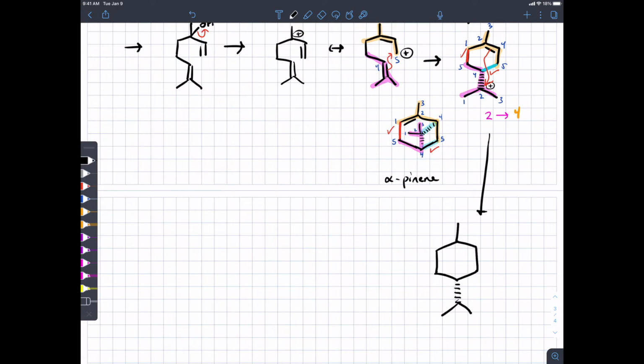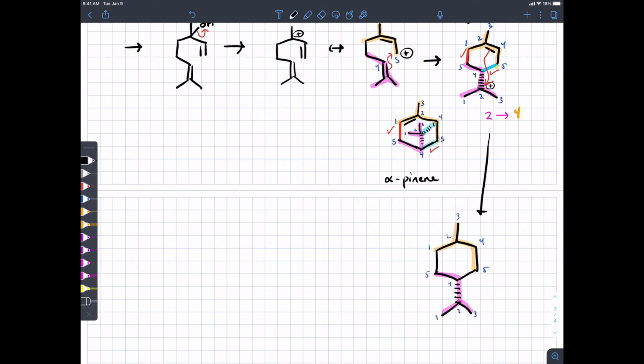Okay, so the new bond I made, and sorry, I'm going to continue to highlight things because that can be useful. 1, 2, 3, 4, 5. The new bond I made will be between orange 4, and sorry, I need to try again.